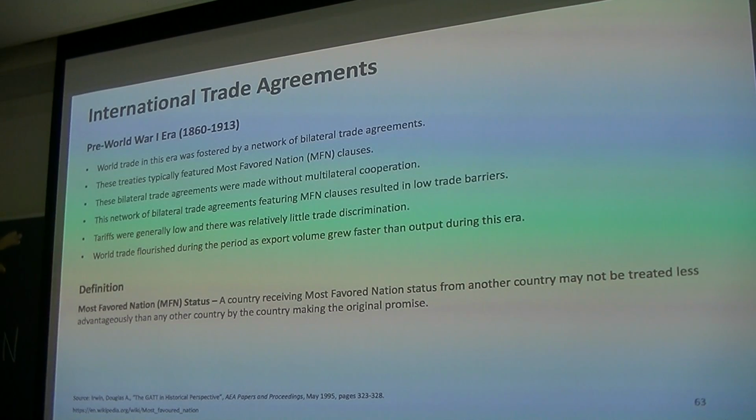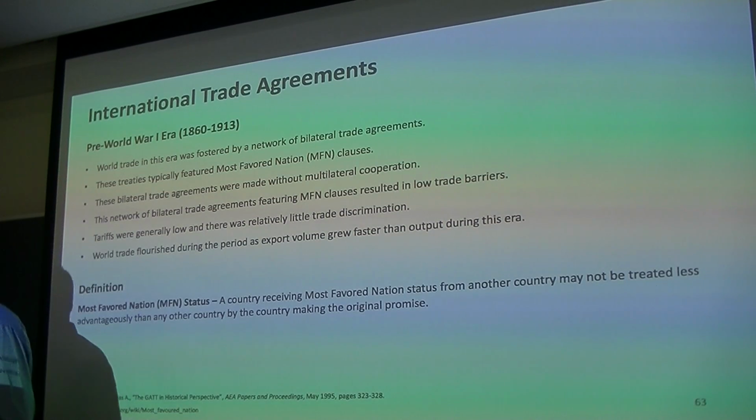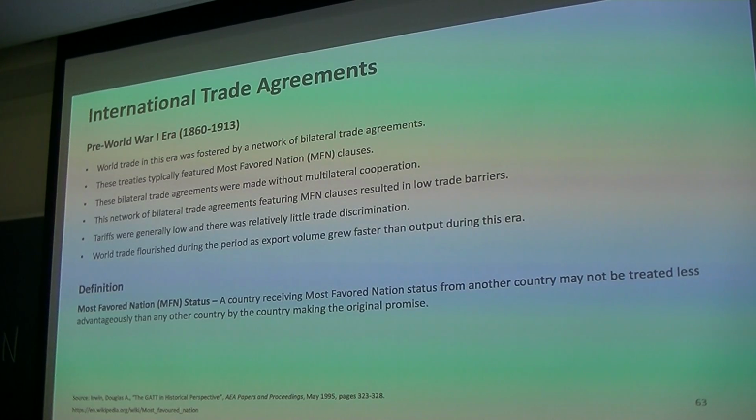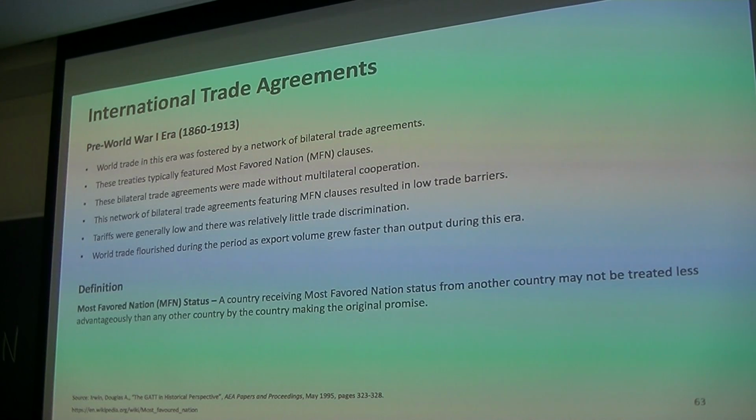That also was due to bilateral agreements between countries that resulted in a web of fixed exchange rates, the same as these bilateral trade agreements. So these were connected.